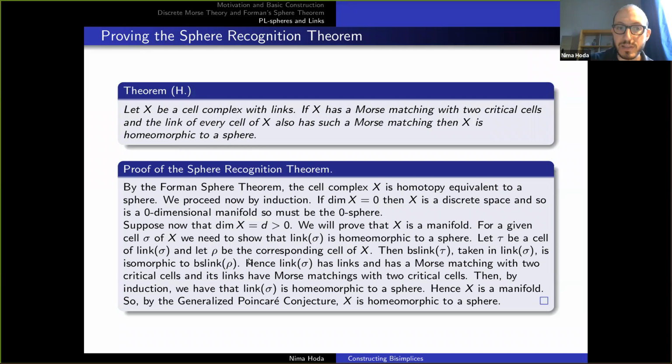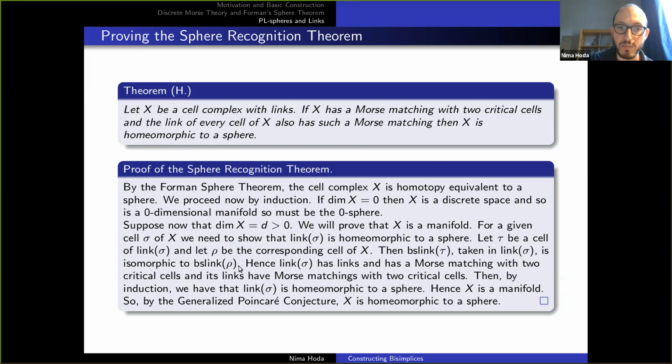Let tau be a cell in the link of sigma, and let rho be the corresponding cell of X. Then the BS link of tau taken in the link of sigma is isomorphic to the BS link of rho.